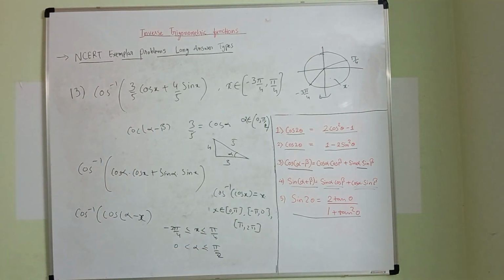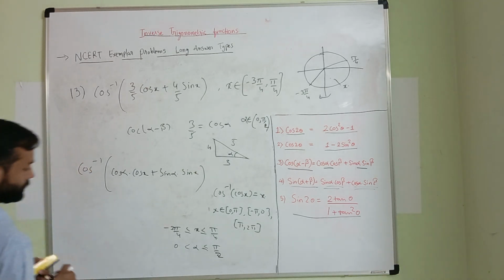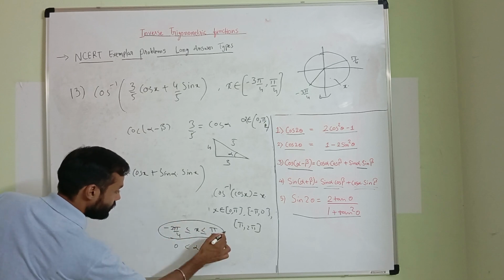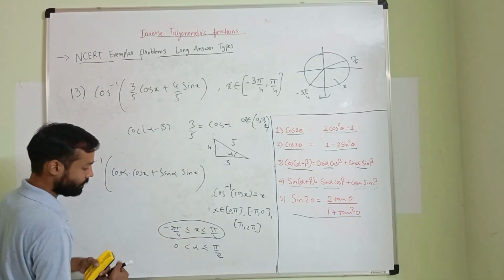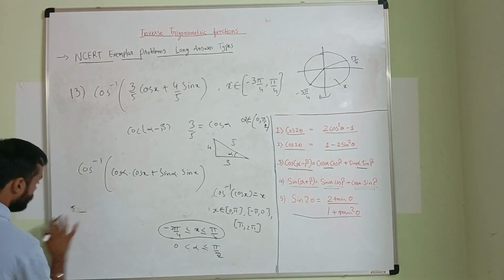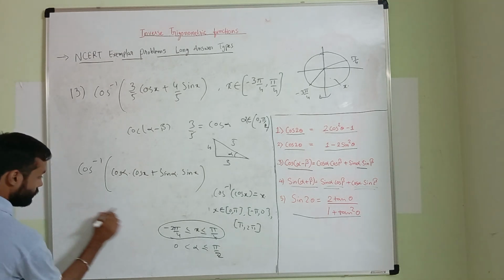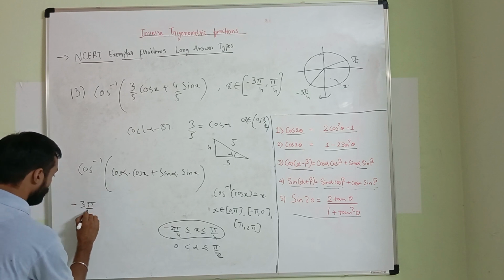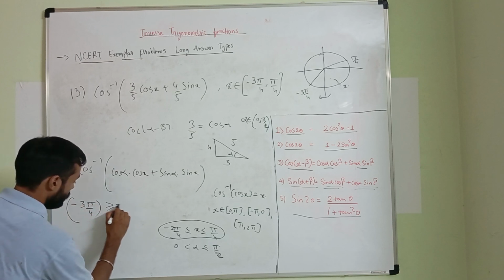So now we will try to do this. Suppose I am multiplying this whole inequality with minus 1, then the signs will get reversed.